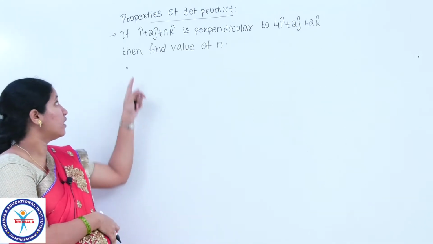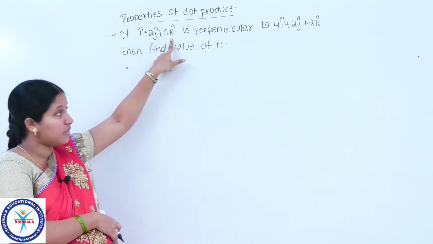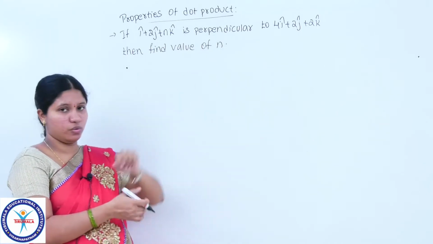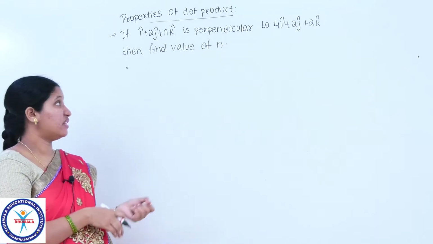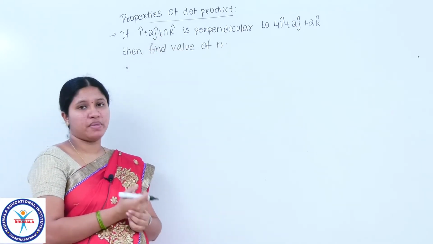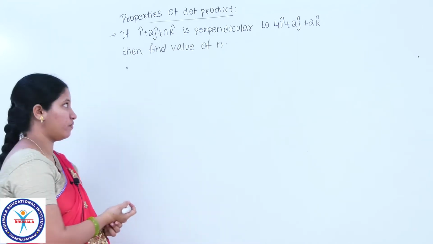Let us see the problem. If i cap plus 2j cap plus nk cap is perpendicular to 4i cap plus 2j cap plus 2k cap, here it is given that the two vectors are perpendicular. So when two vectors are perpendicular, we can say that the dot product will be 0.